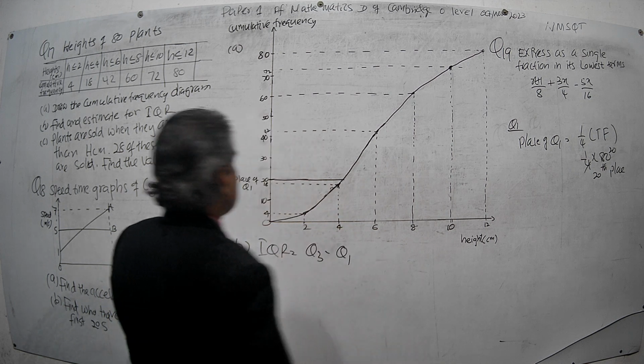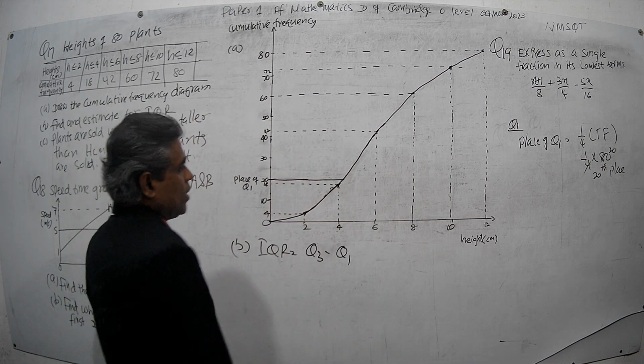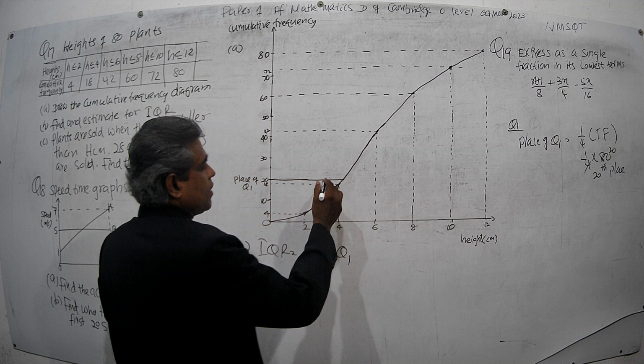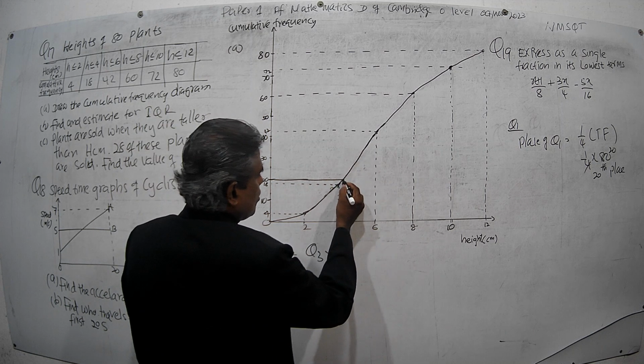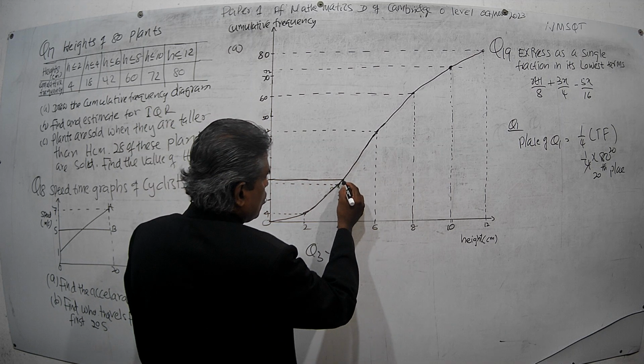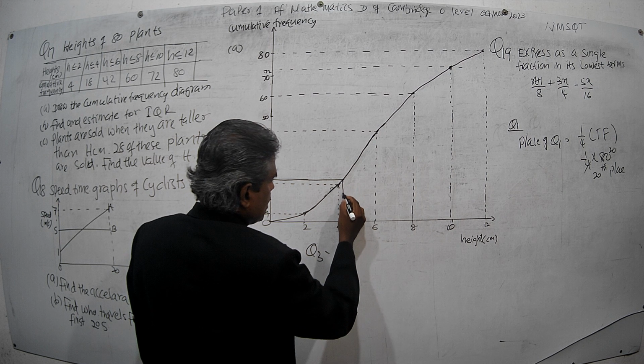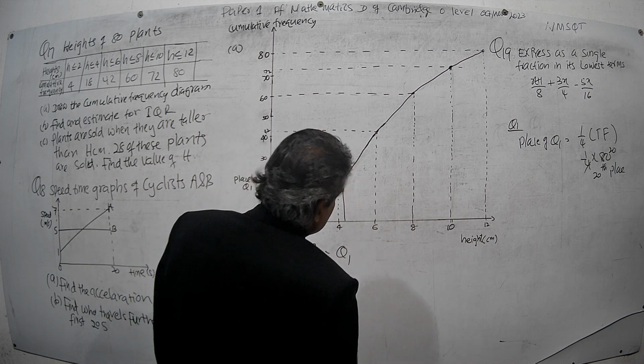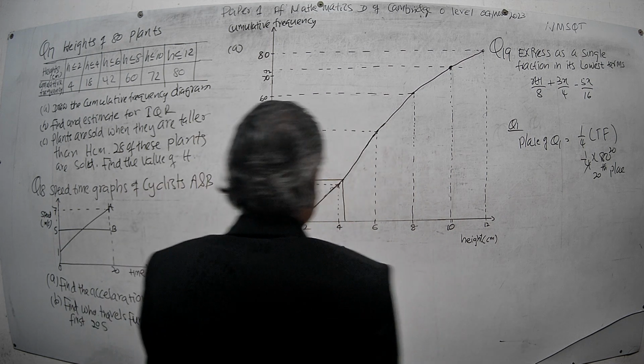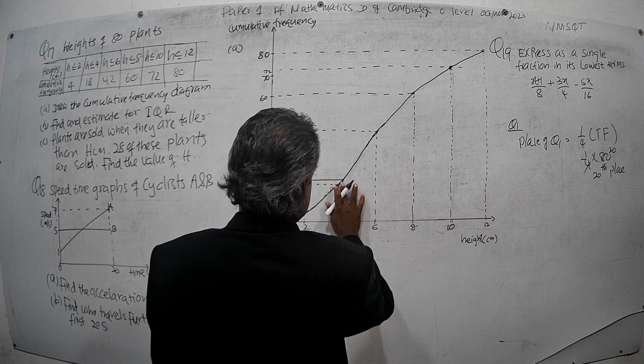Right. Cumulative frequency graph, you draw the line, and when that line intersects the cumulative graph at this point, then draw a line vertically downward like this to meet the height axis. Then you get there how much?